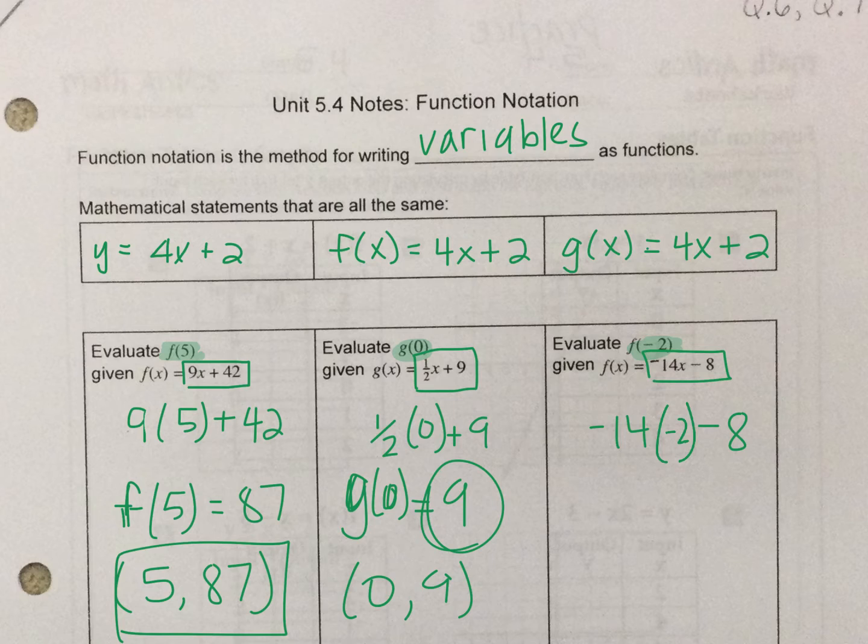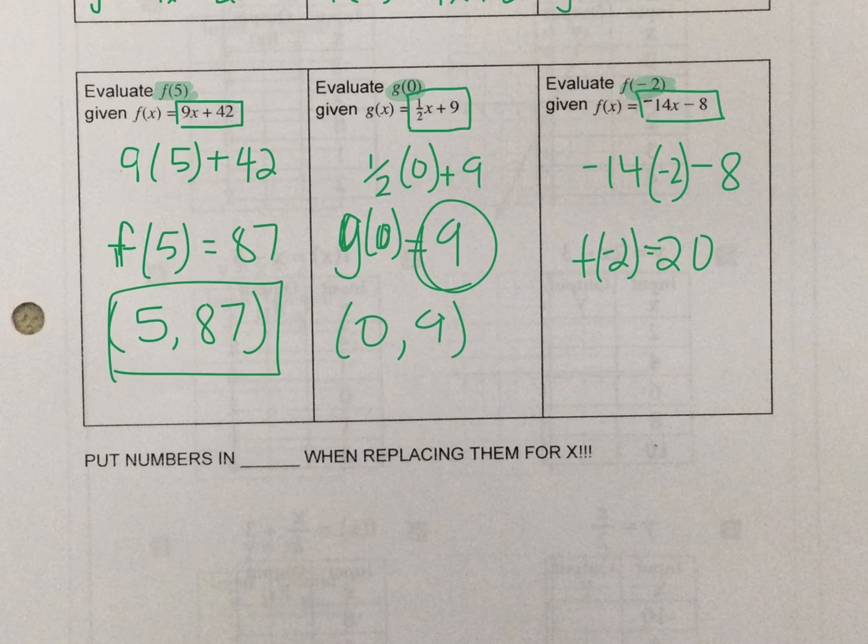So negative 14 times negative 2, that's a positive 28, minus 8 is a 20. So f of negative 2 would be a 20. Okay? Put numbers in parentheses. It's so important when you replace them for the x.